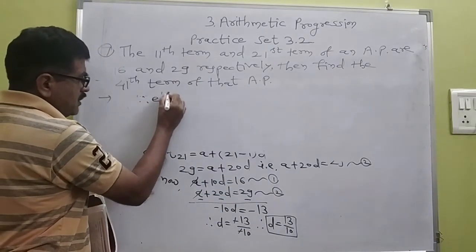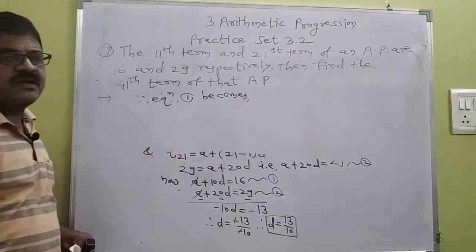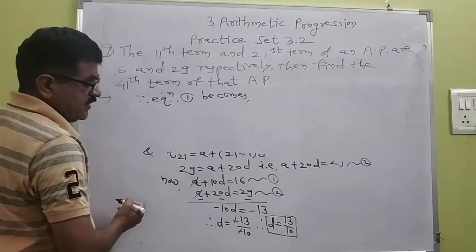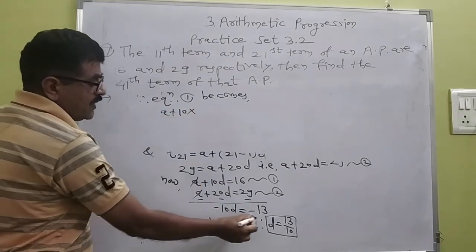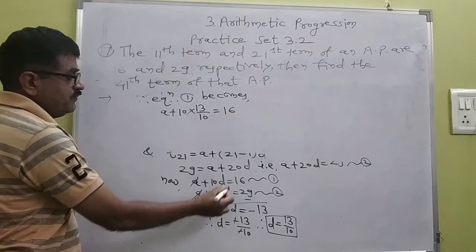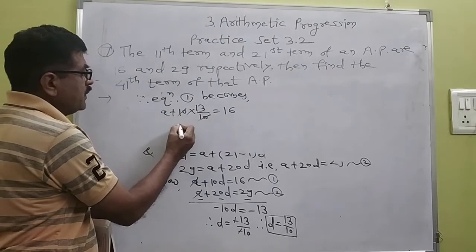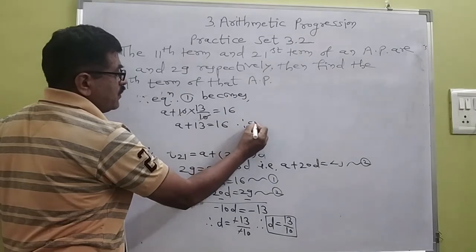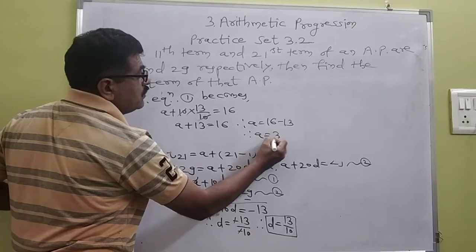Therefore equation 1 becomes a plus 20d, that is a plus 10 into the value of d, 13 upon 10, is equal to 16. Now here 10 gets cancelled, that is a plus 13 is equal to 16, therefore a is equal to 16 minus 13, a is equal to 3.